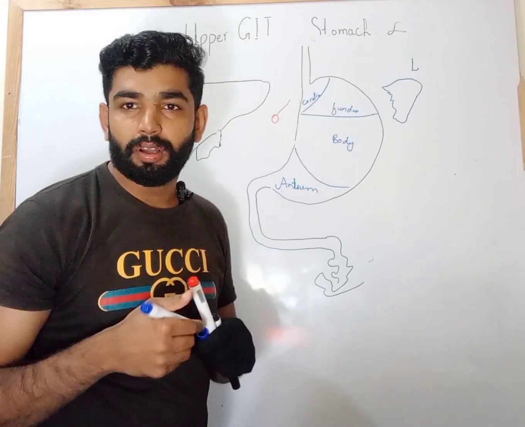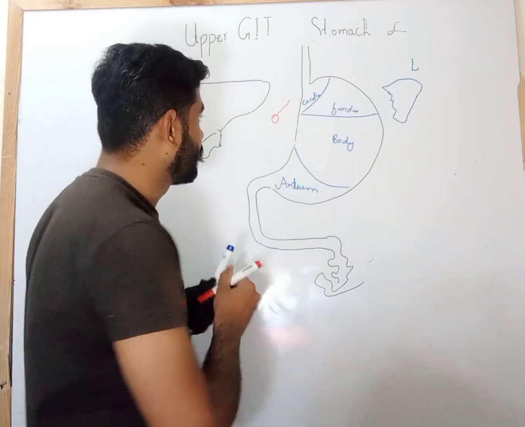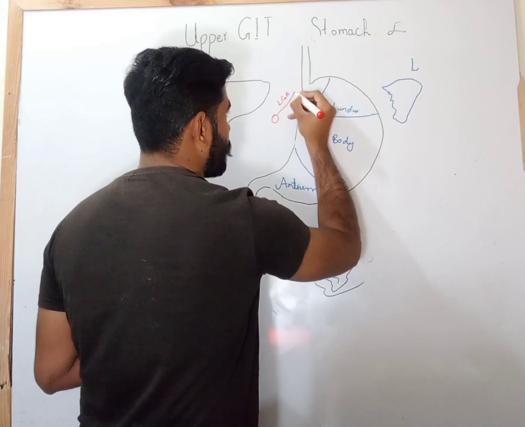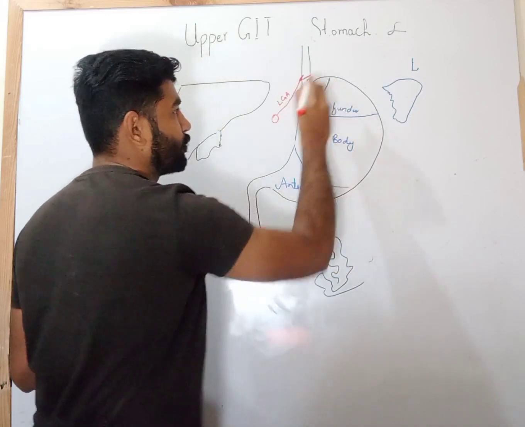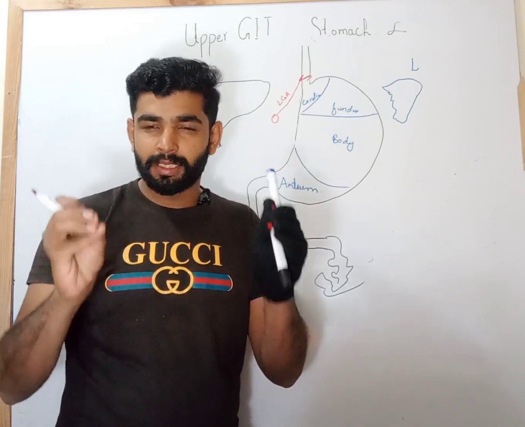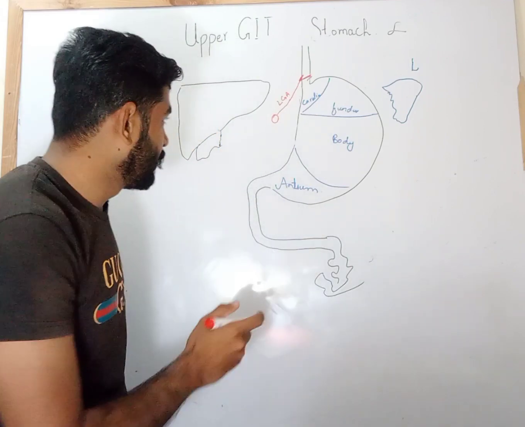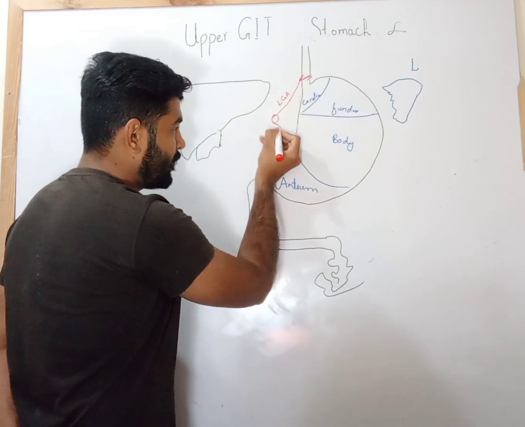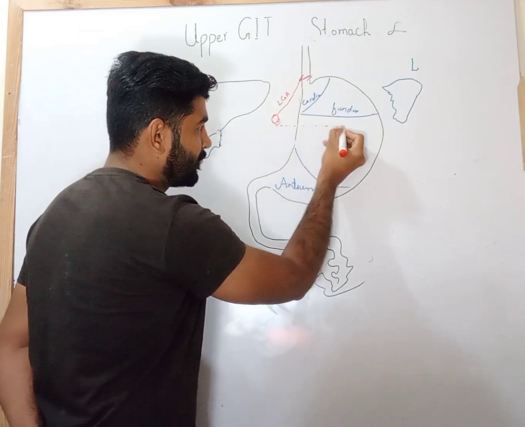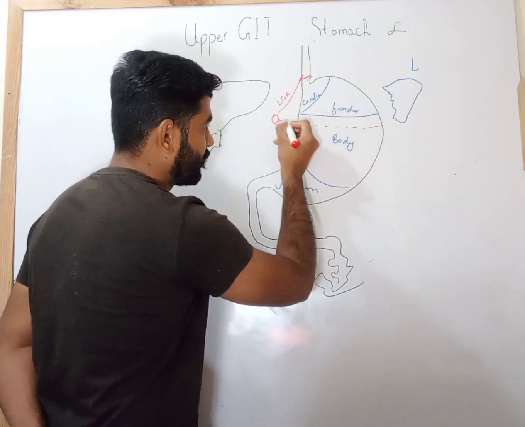Now the left gastric artery, LGA, supplies that part of the esophagus which is directly supplied by the celiac plexus. Now it will give the splenic artery.